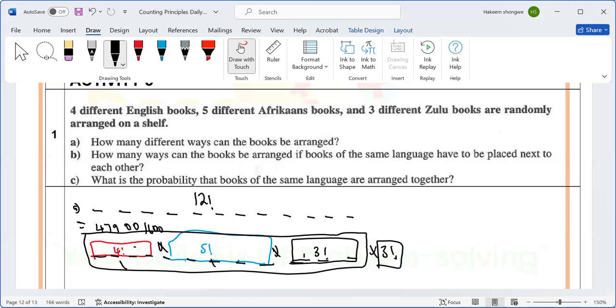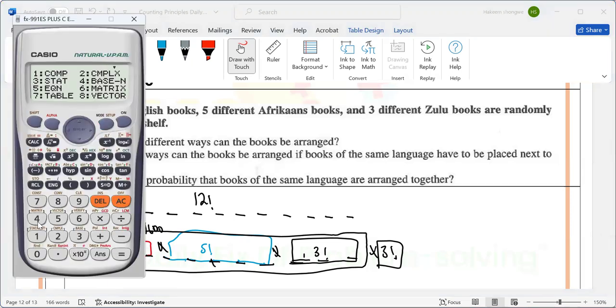Factorial. On the calculator, it's mode 1. There's this exclamation thing: press shift, or press this thing here, x to the power of minus 1, and then we press exclamation and then equals.